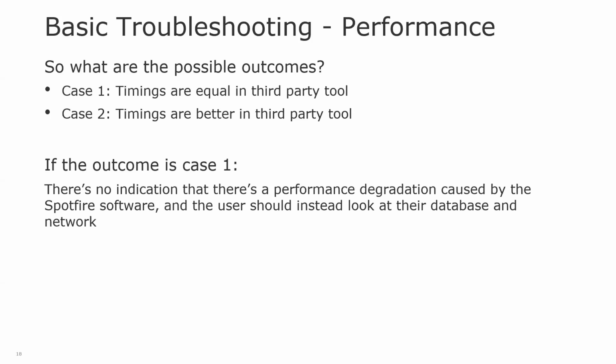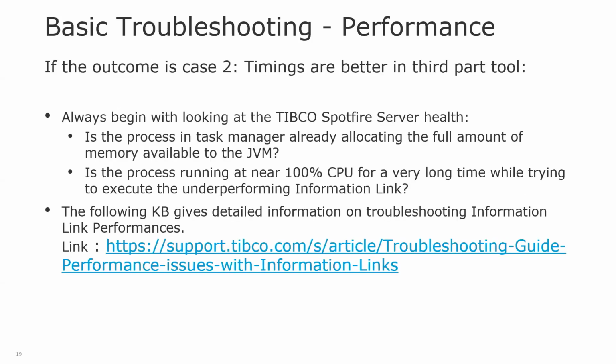It is not a Spotfire server issue. The user needs to look at the database and their network. But if the timings are better in the third-party tools and the time for opening that information link is more in Spotfire, then you need to look at the Spotfire server health and the resources of the Spotfire server.